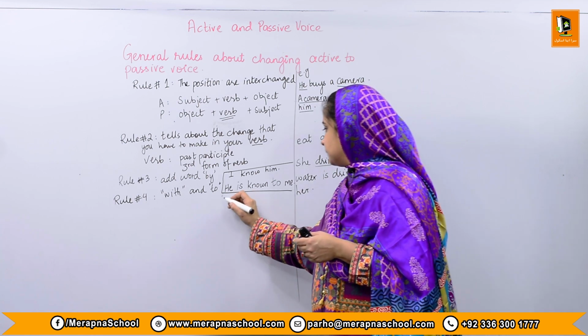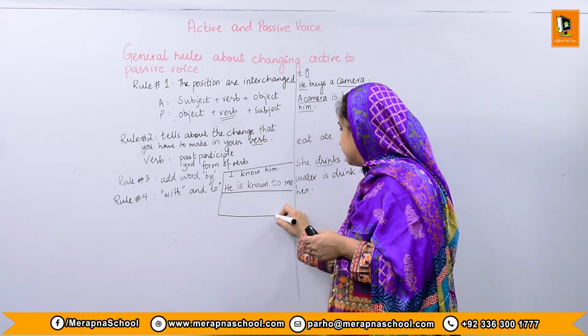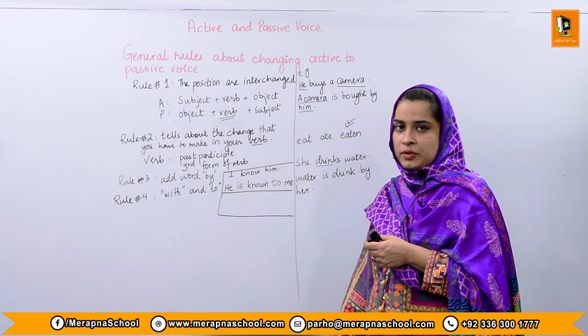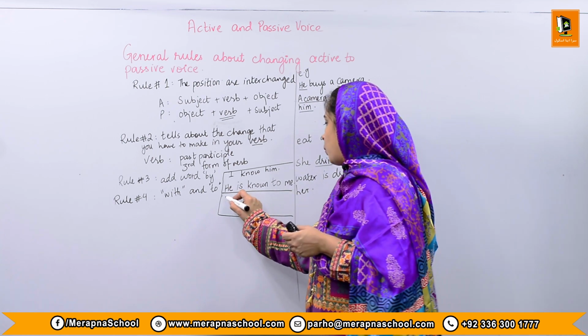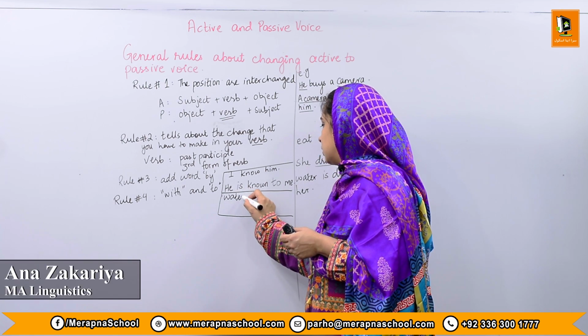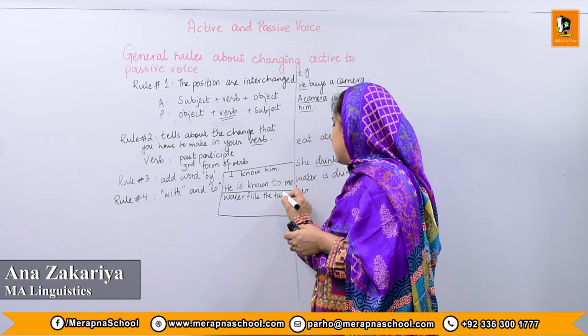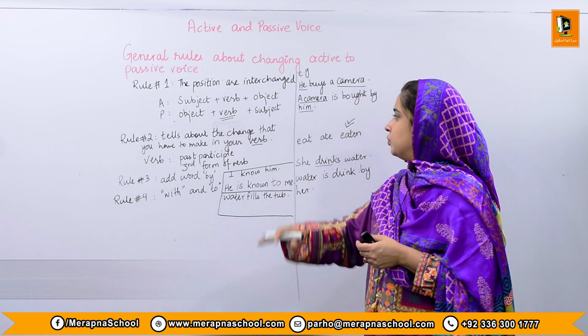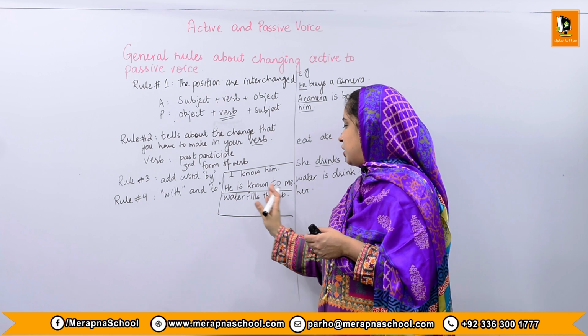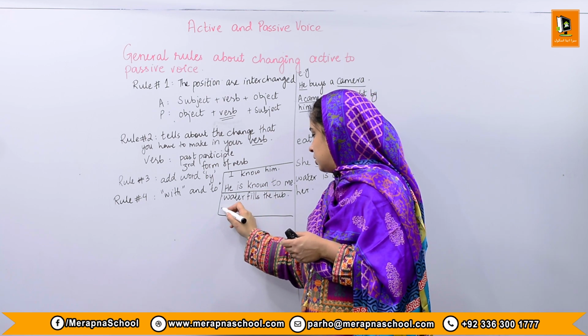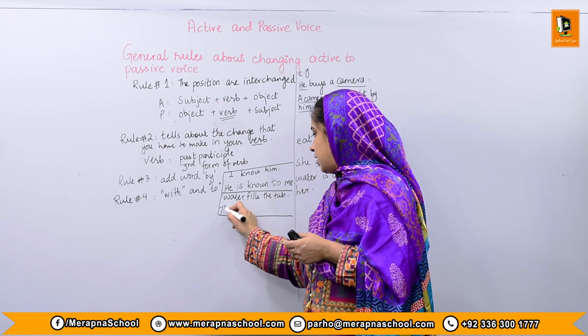It says that, let's try to use the word with. Water fills the tub. Let's move on again to the rule number 1, that is, let's interchange the position. The tub.